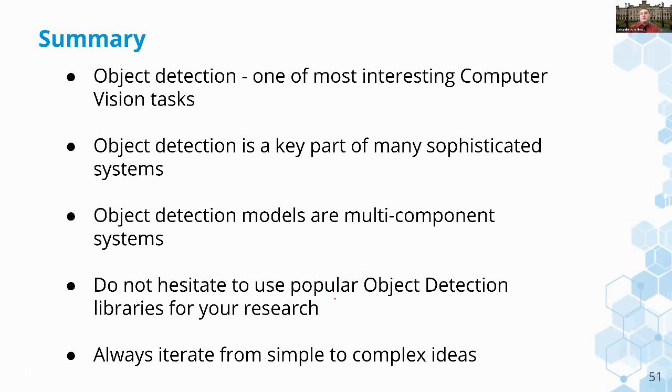I'm extremely happy that more and more researchers in the object detection field are basing their research on Detectron, and after that they simply merge their research code into the Detectron ecosystem.